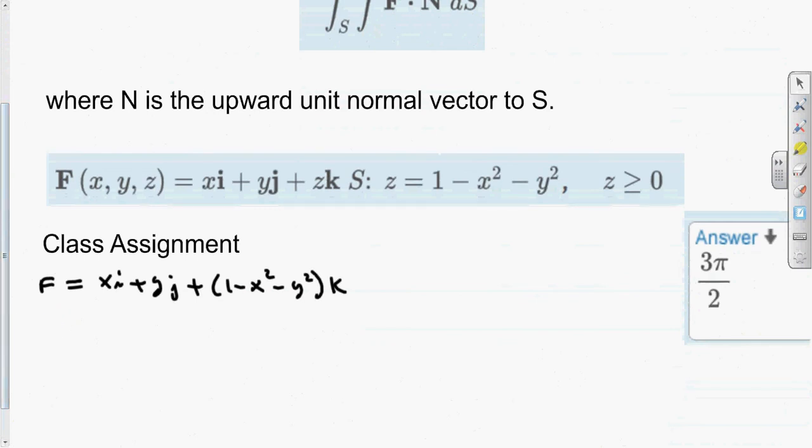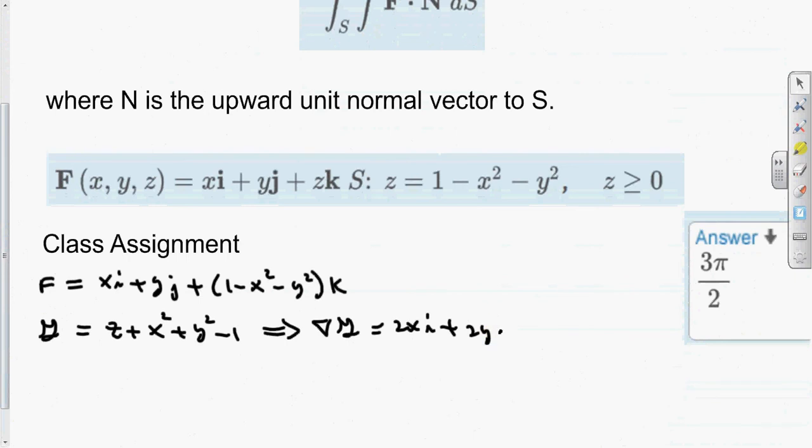I need the gradient, so let's find capital G. Capital G is z plus x squared plus y squared minus 1. And its gradient is 2xi plus 2yj plus k.